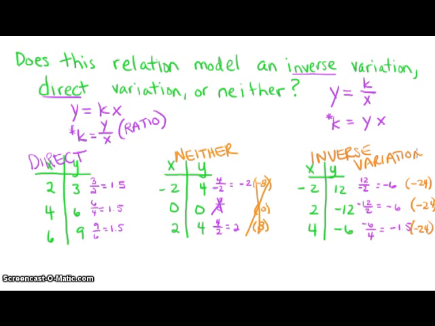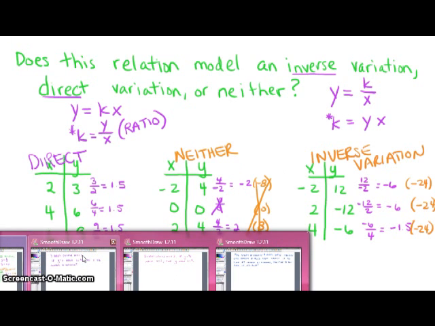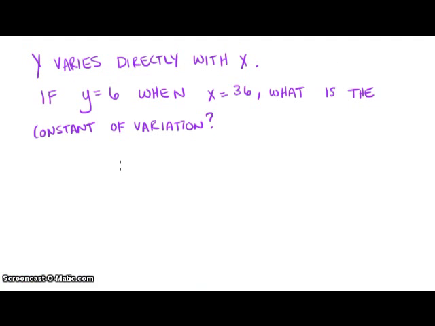Alright, so you'll see direct variations more often presented as equations like this. If I tell you that y varies directly with x, basically all you know from this right here is that y equals kx.